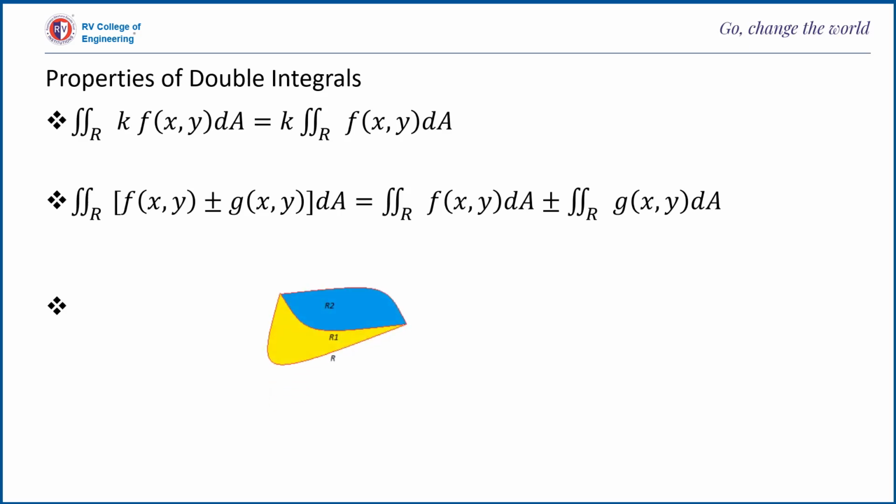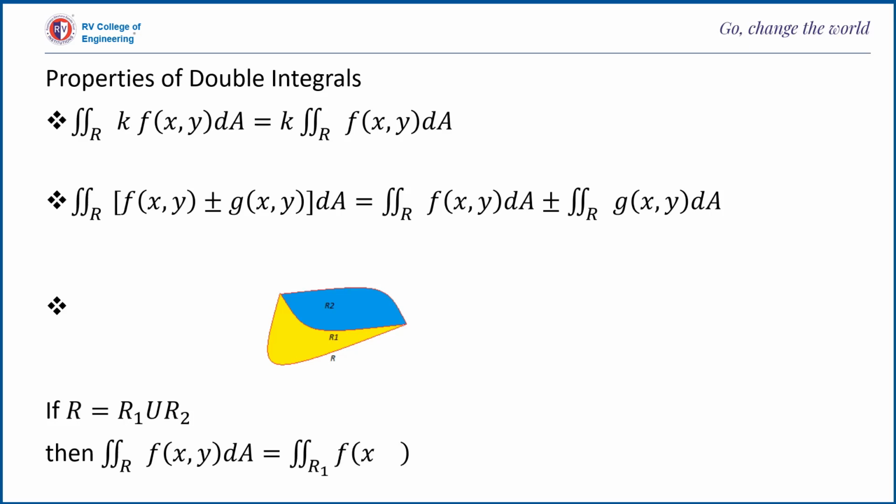Suppose the region R is made up of two closed regions R1 and R2, that is, if R is the union of R1 and R2, then the double integral over the region R of f of x comma y dA is equal to the double integral over the region R1 of f of x comma y dA plus or minus the double integral over the region R2 of f of x comma y dA. So these are three important properties of double integrals.